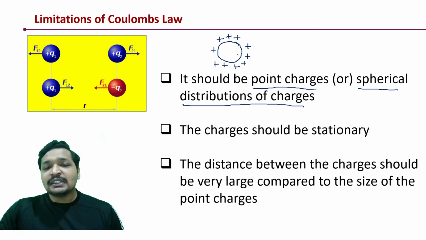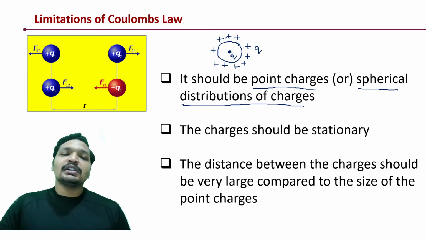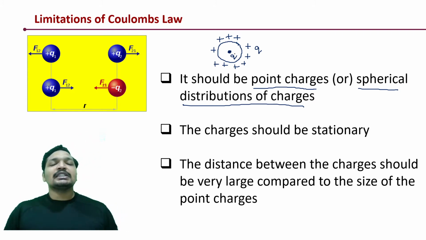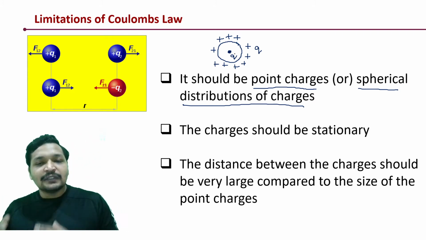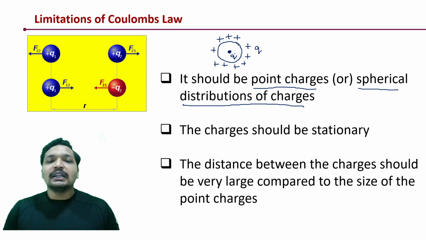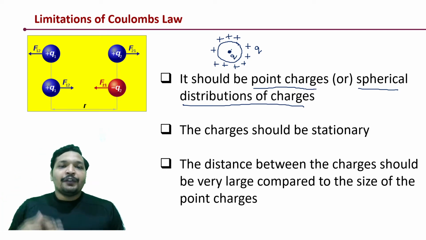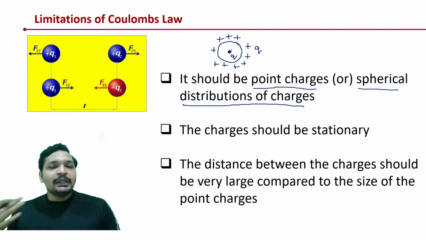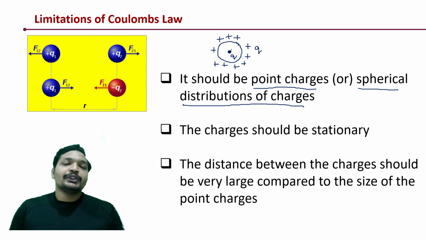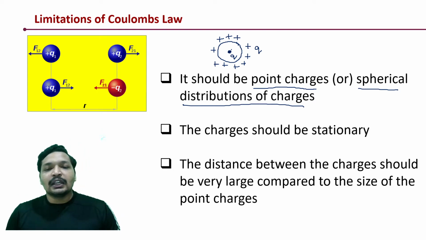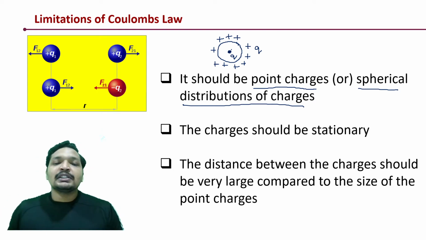Say a charge Q is distributed on the surface. In that case, all the charges would appear as if they are concentrated at the center. So again, it becomes a case of point charges. This is the major limitation of Coulomb's law: it should be point charges or a spherical distribution of charges. It cannot be a non-spherical distribution of charges or a distributed charge body.